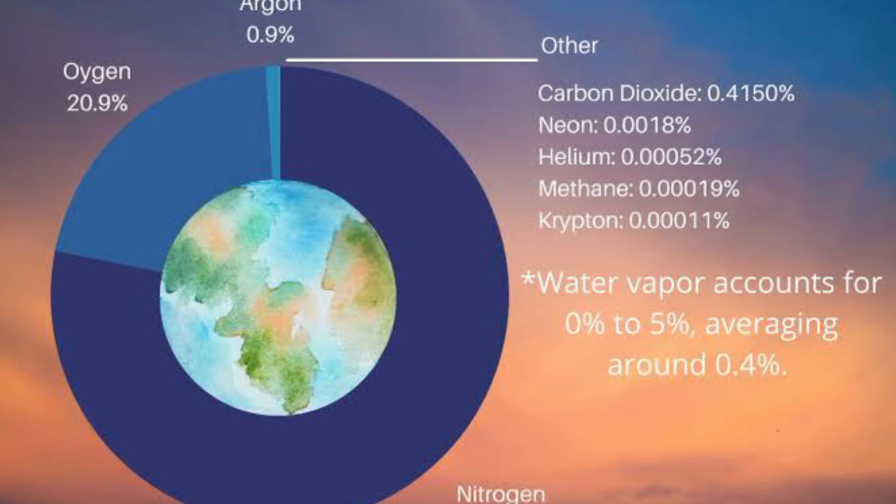We have argon, the inert gas, which is the third most abundant, and other trace elements. These trace elements include carbon dioxide, neon, helium, methane, krypton, hydrogen, nitrous oxide, xenon, ozone, iodine, carbon monoxide, and ammonia in the atmosphere.